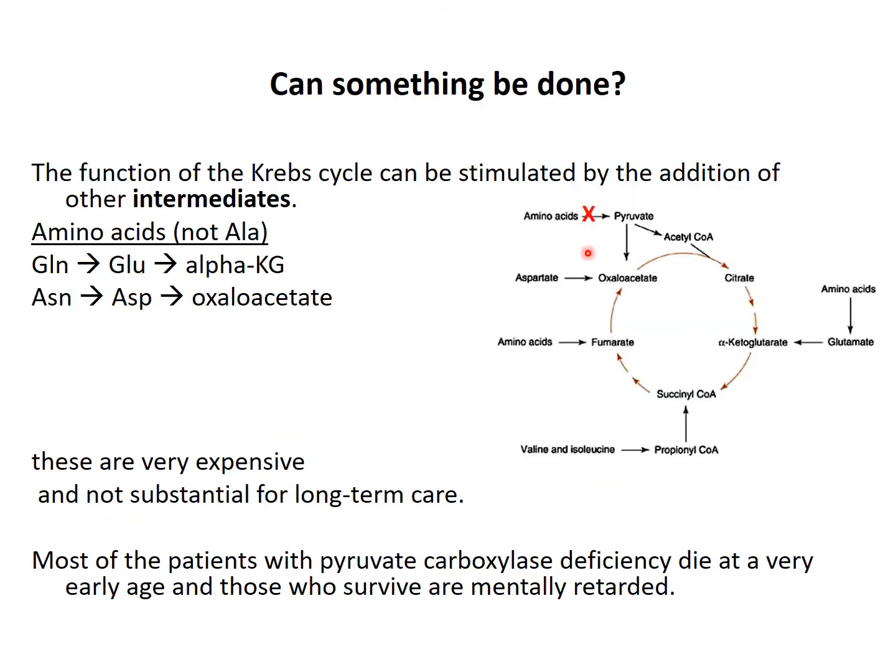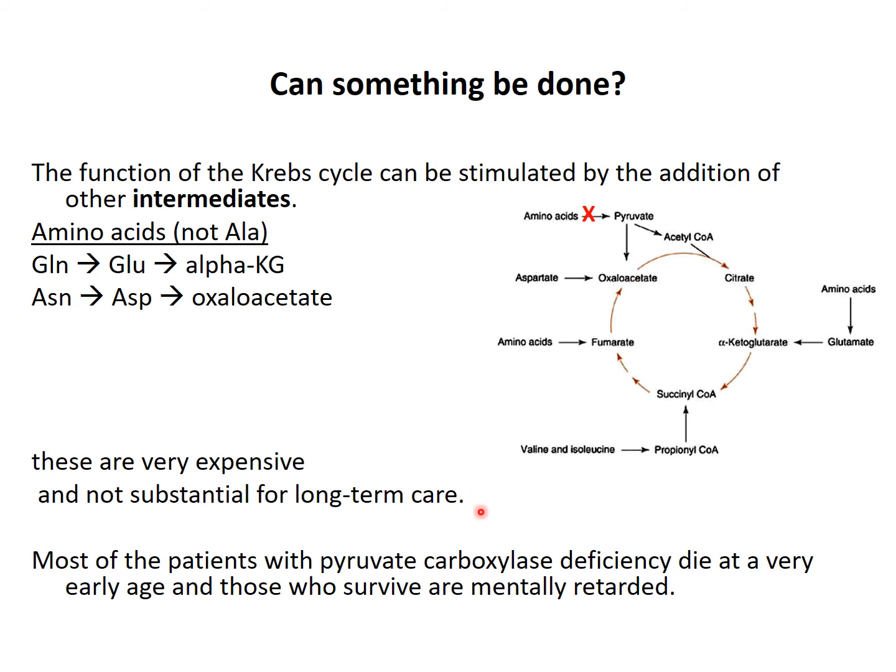Can something be done? You probably remember we discussed at the Krebs cycle that we can support the Krebs cycle with other intermediates, including a specific amino acid, aspartate, which can be transaminated directly to oxaloacetate. However, this is really not a good therapy.